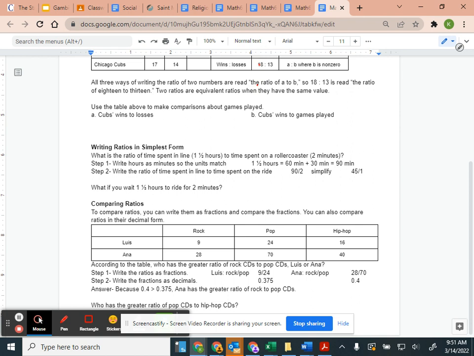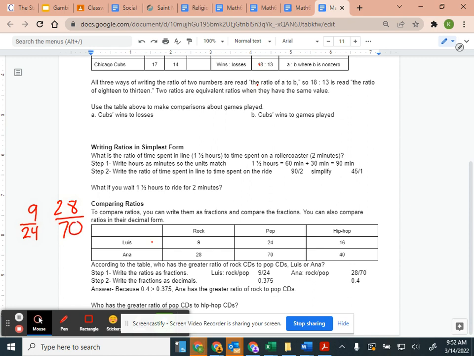Comparing ratios. It's still CO46. When we were comparing our ratios, when we compared Louie's rock to pop to Anna's rock to pop ratios, Louie would be 9 over 24, Anna was 28 over 70.